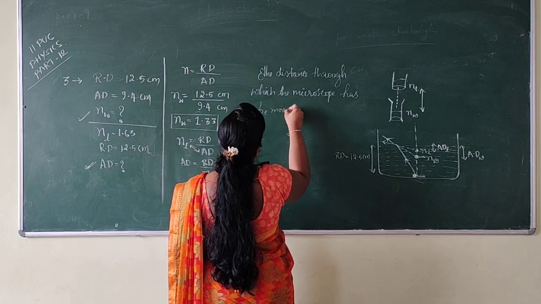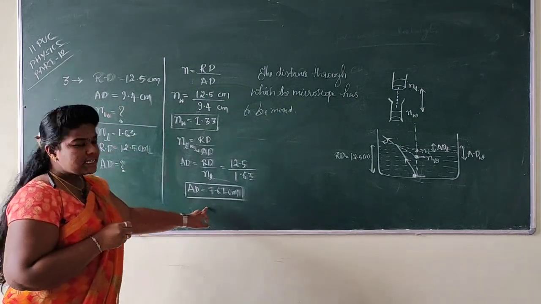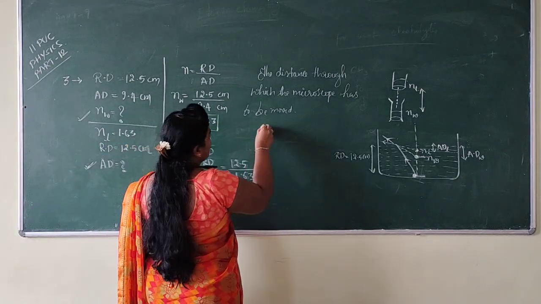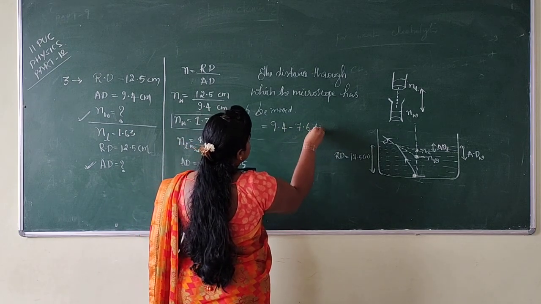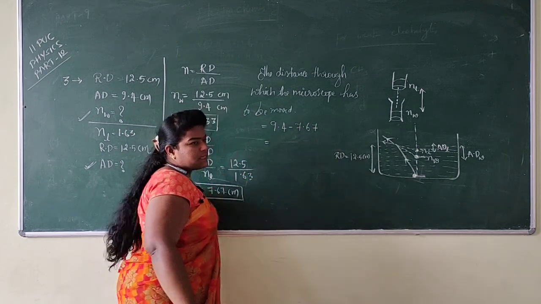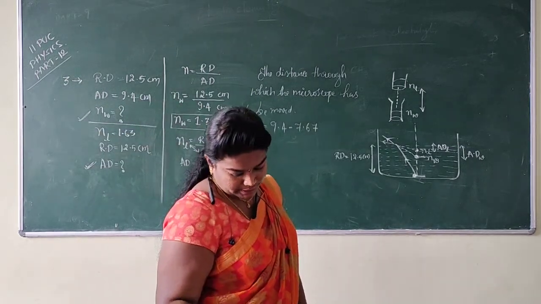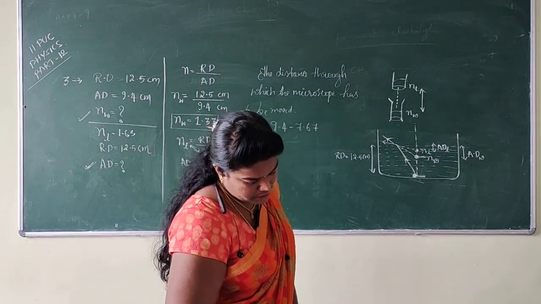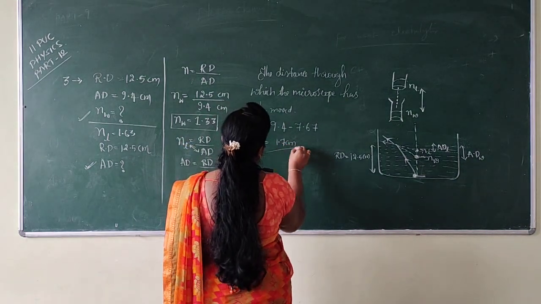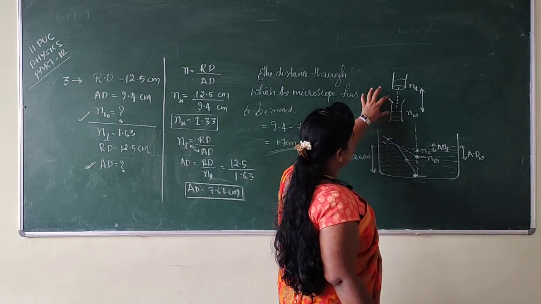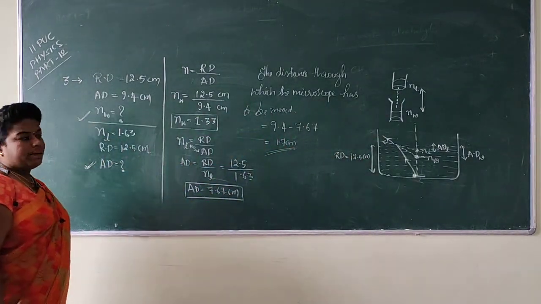So that is 9.4 minus 7.67. Use your calculator. How much will you get? 9.4 minus 7.67, do it yourself. You will get 1.7 centimeter. If you move the microscope, how much should you move it? You have to move it by 1.7 centimeter.